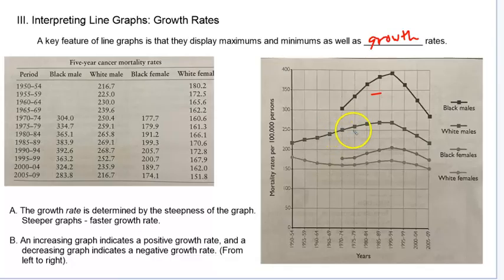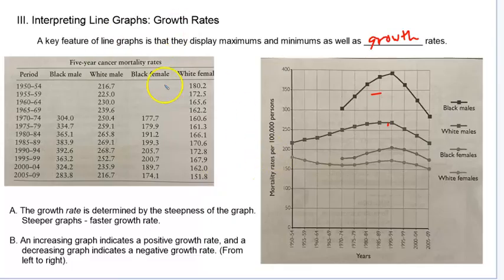The white males are increasing, but we would say they're increasing at a decreasing rate, not really a fast rate at all. And then when it hits 90 to 94, it shifts to decreasing, and it's more of an increasing rate. It's a little bit steeper on the other side of 1994.